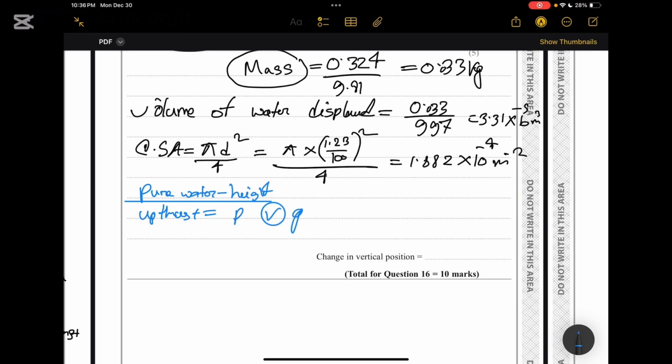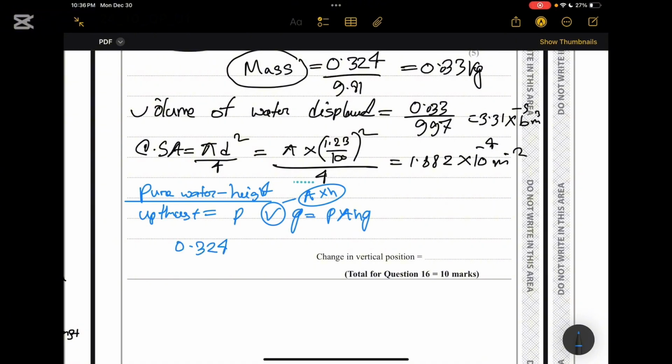We know volume can also be written as cross-sectional area into height, so the formula becomes rho A h g. This is the formula right now.